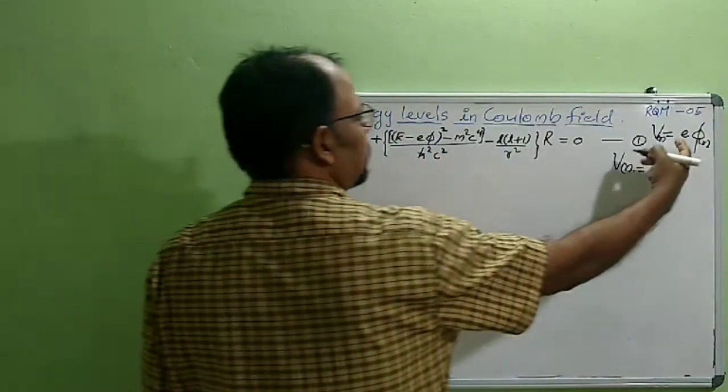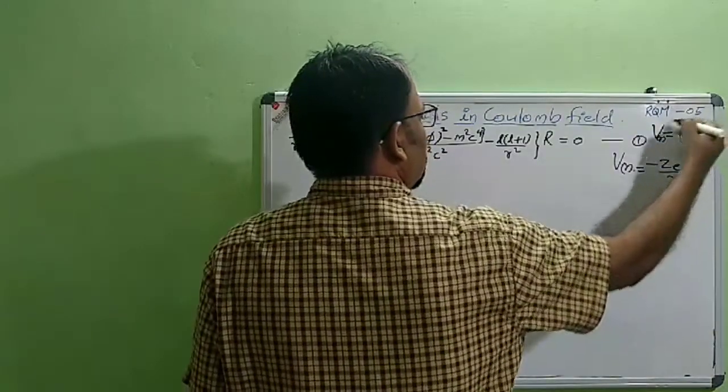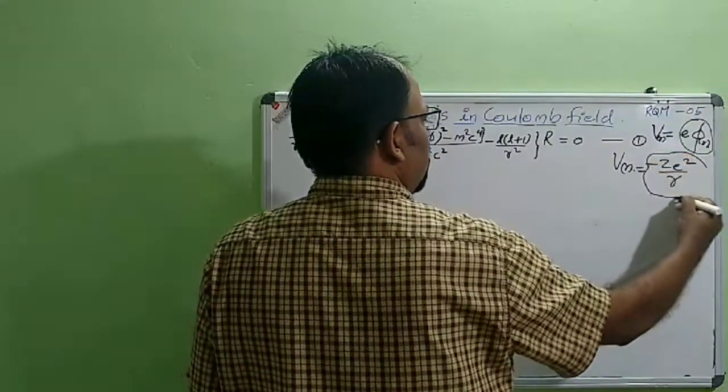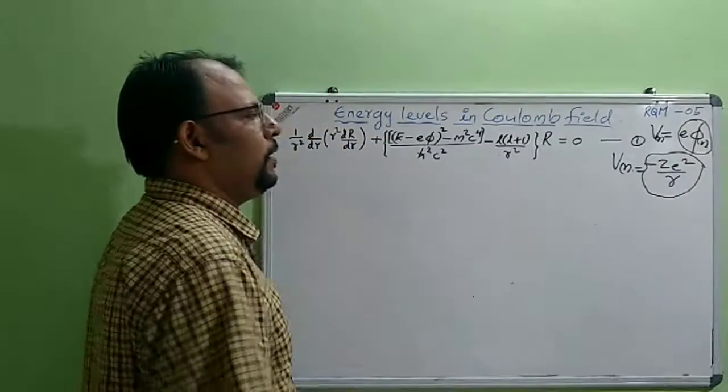The Coulomb field potential energy V is equal to minus Ze²/r. So this eφ should be replaced by minus Ze²/r in the Coulomb field.